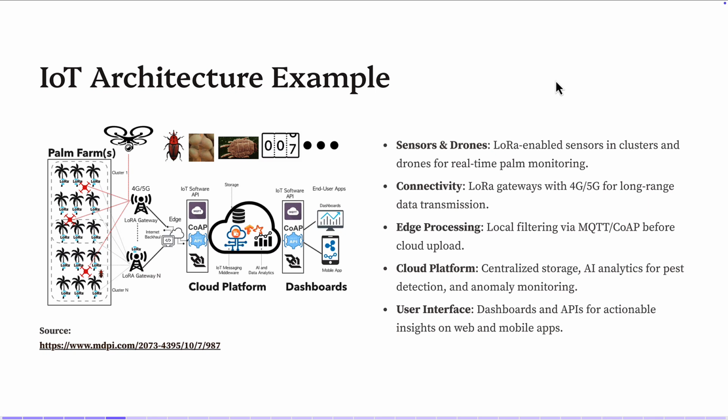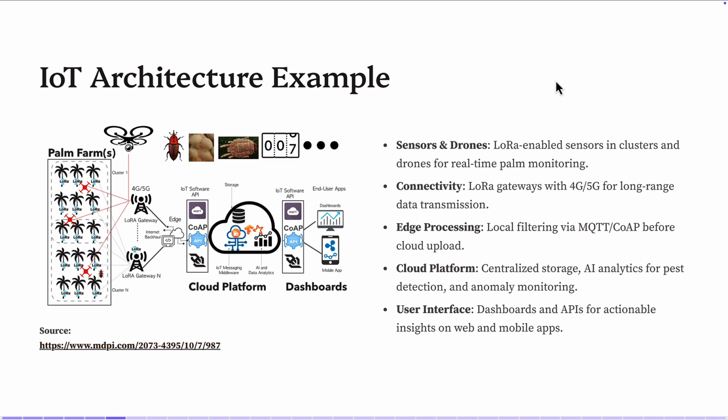If they can observe that probably I have insect activity within this palm, I need to take an action. We can have an alarm, so we can trigger alarms when we detect activity over this palm. So here we need to care about connectivity, how we can connect large farms with, for example, a LoRa gateway.